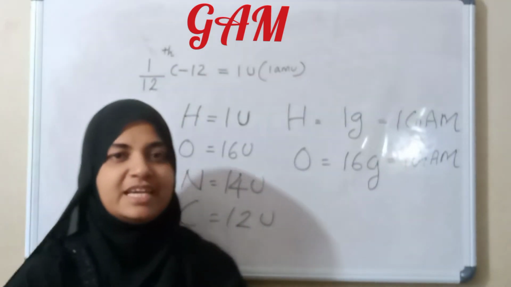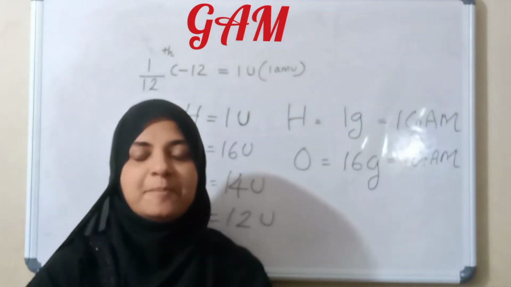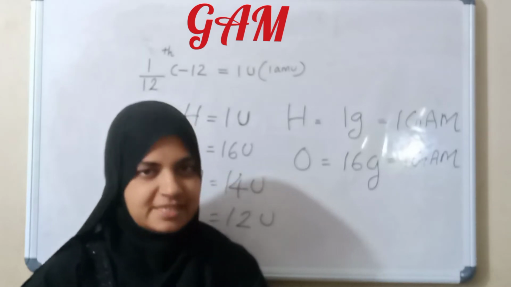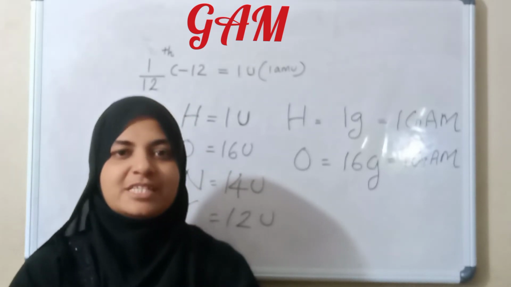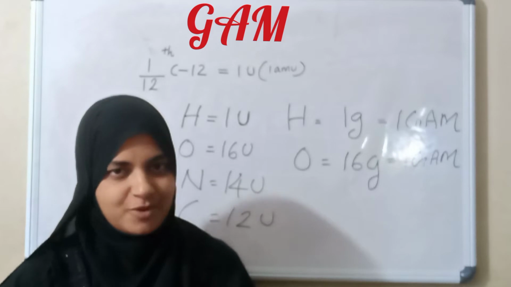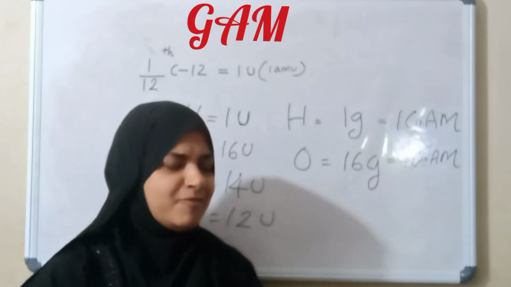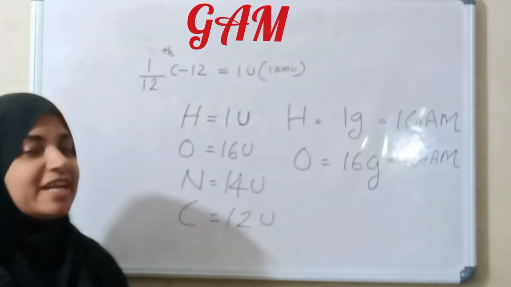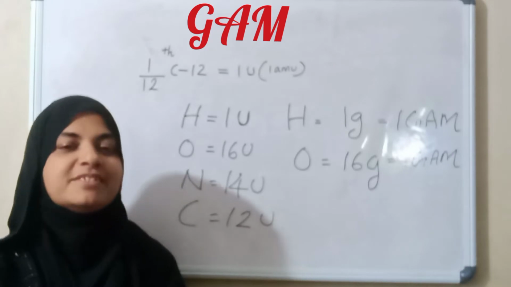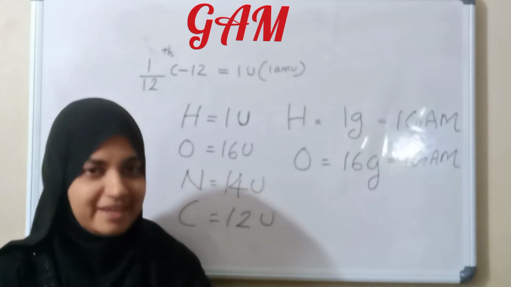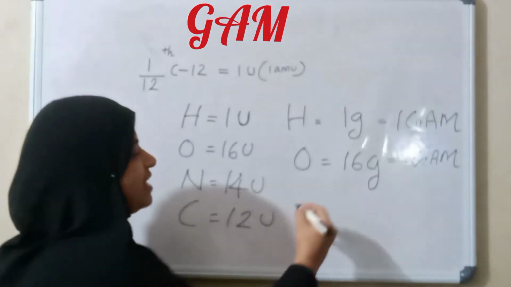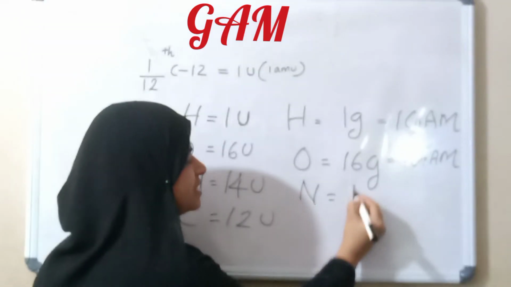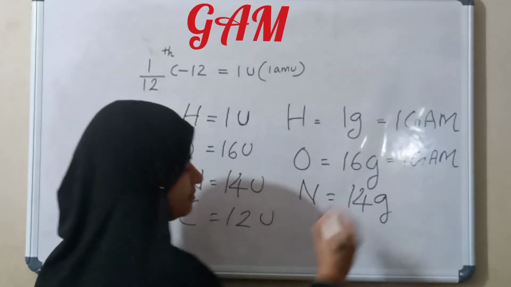That is, GAM means gram atomic mass, the atomic mass expressed in gram. Okay? Then, what is the GAM of nitrogen? Yes, 14 gram.